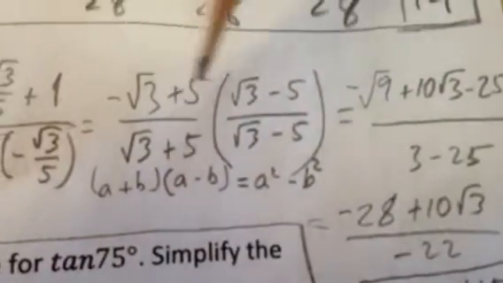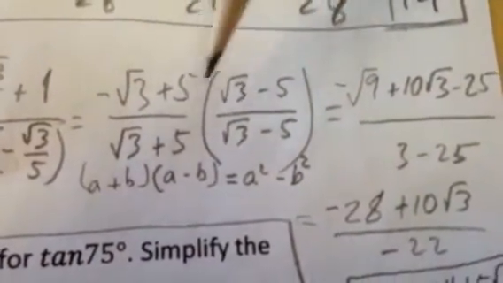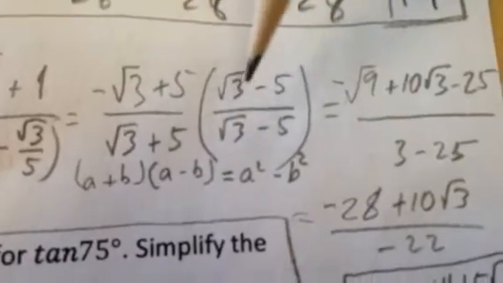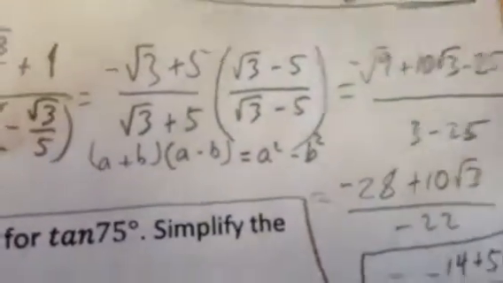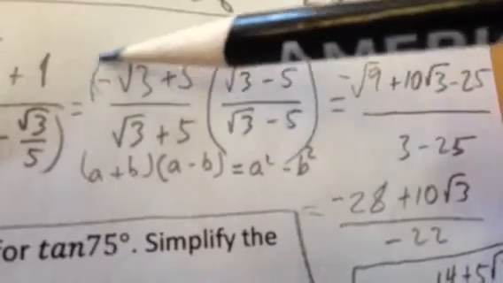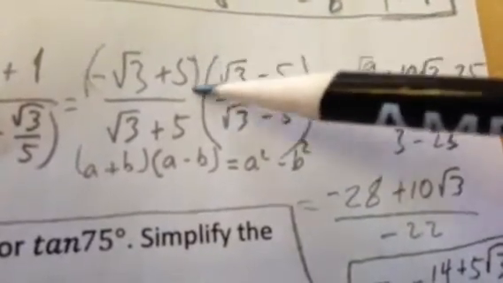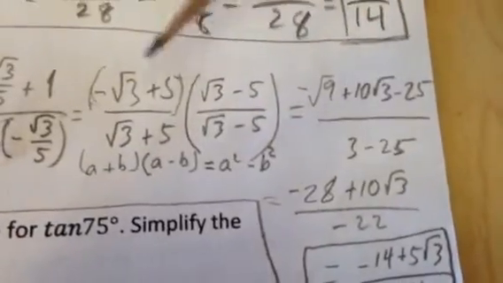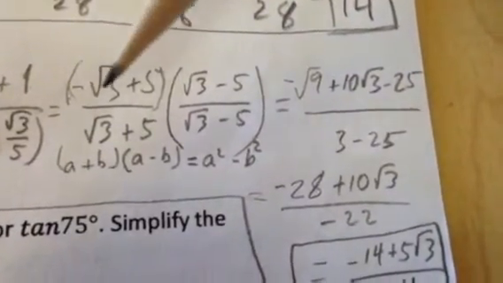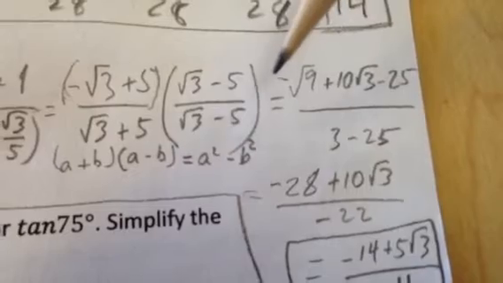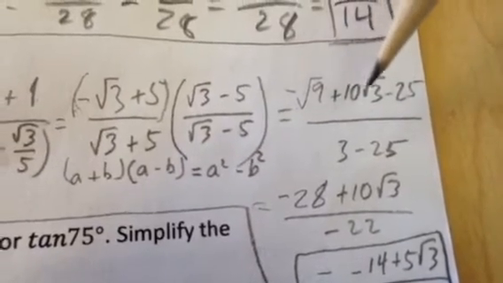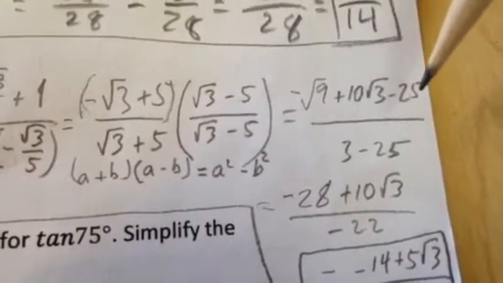So when I multiply the top times the top here, that's negative root 3 plus 5 times root 3 minus 5, and that's just using the FOIL method. Remember, I'm just multiplying that binomial times that binomial. So it all works out this way. It may take a few seconds for it to sink in, but when I multiply all of this, I get negative square root of 9 plus 10 root 3 minus 25.